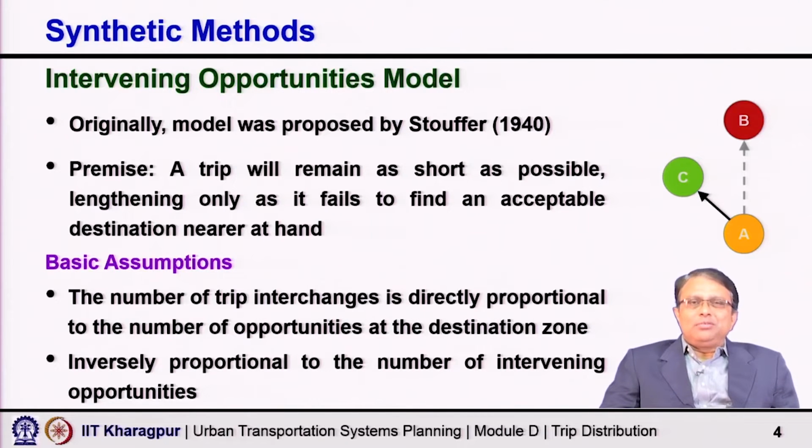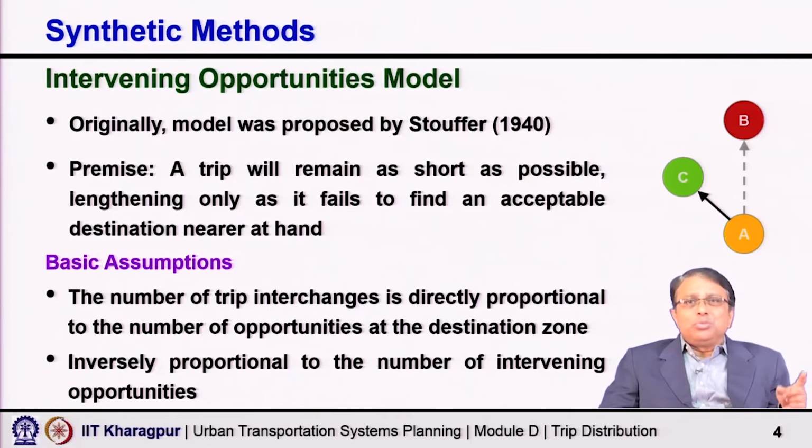Obviously, they would probably like to stay somewhere near the main station at the CBD end, maybe just 4 stations away from the main station. And if they cannot get a location, then only will they think of going to the 5th station or 6th station or 7th station.